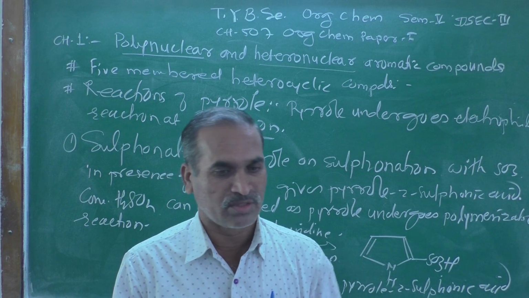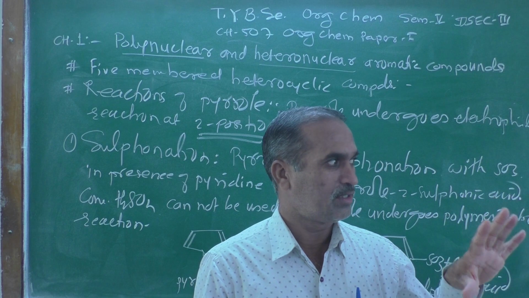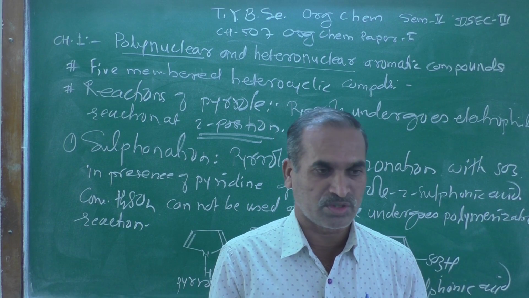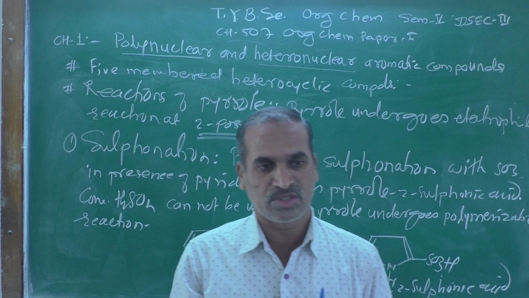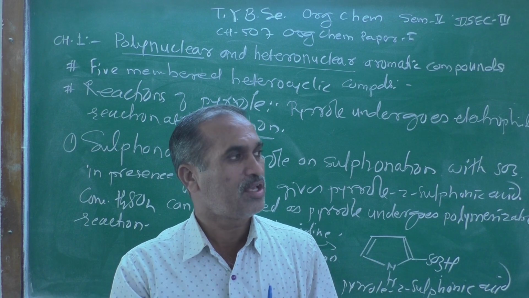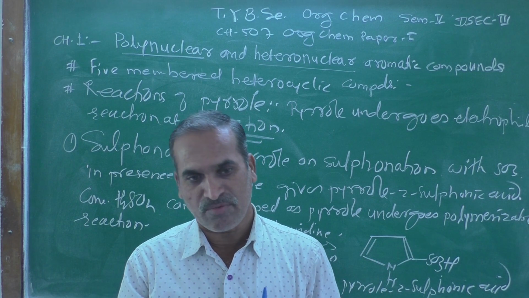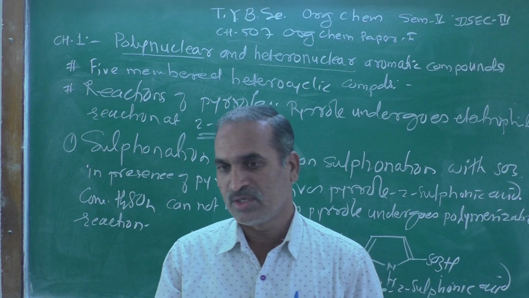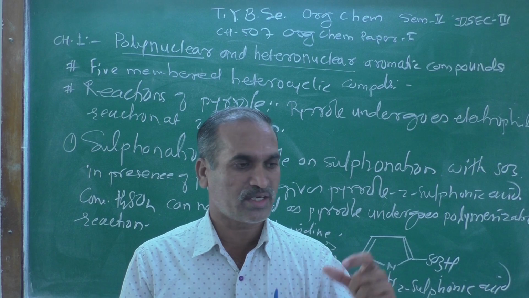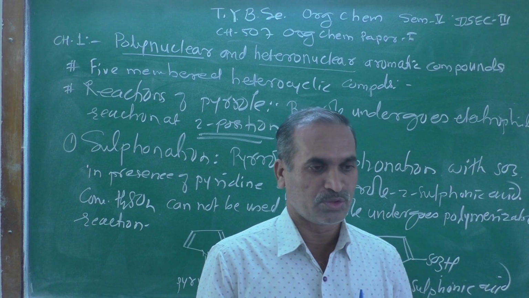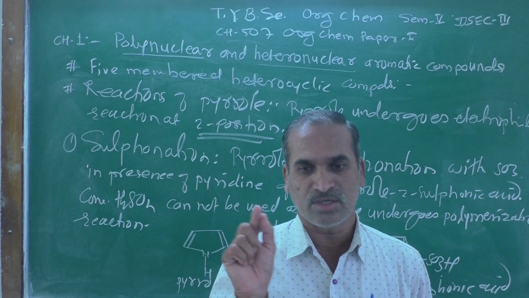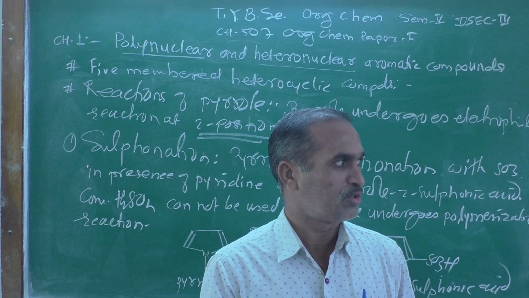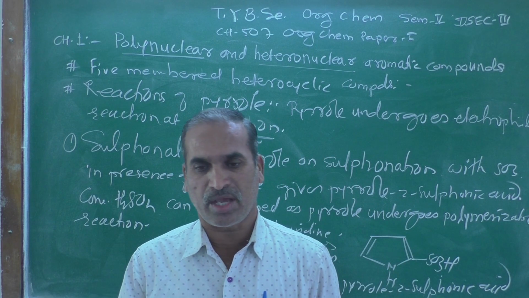And what we found is that when electrophilic substitution attacks at the 2 position, 3 resonating structures are formed, and in case of attack at the 3 position, fewer resonating structures are obtained, only 2.